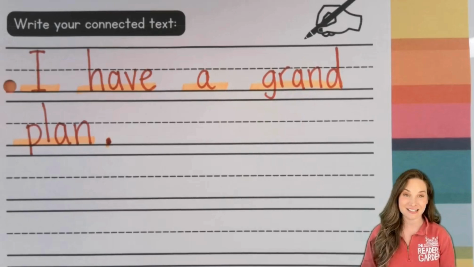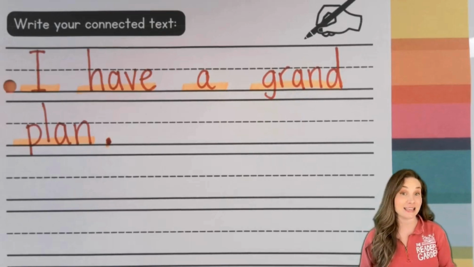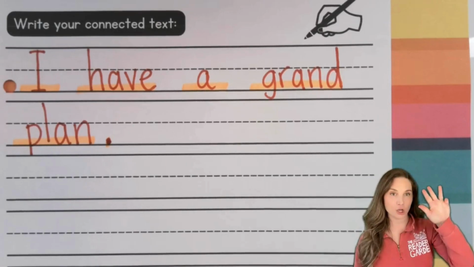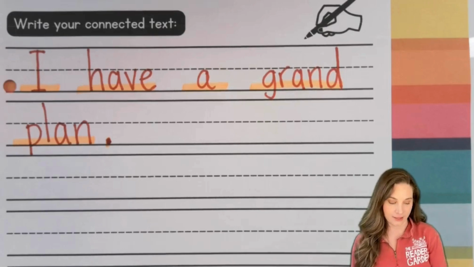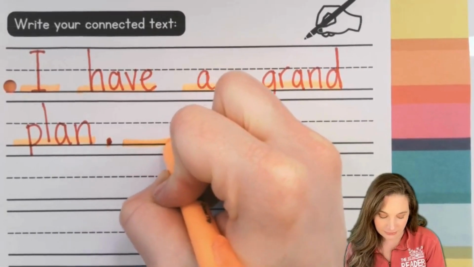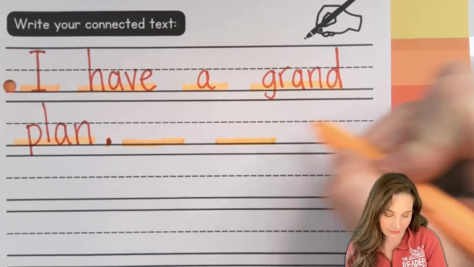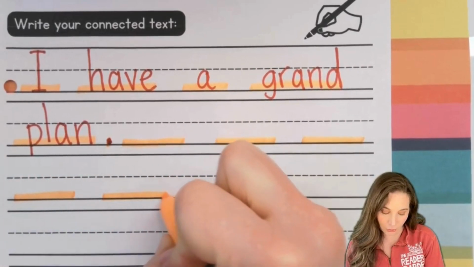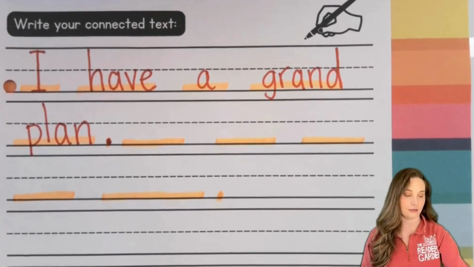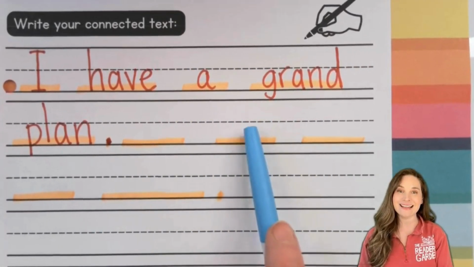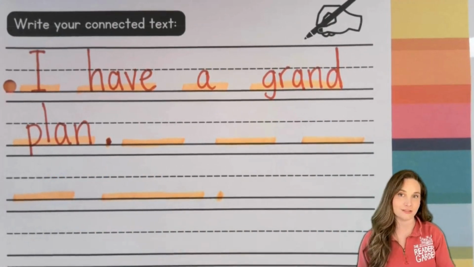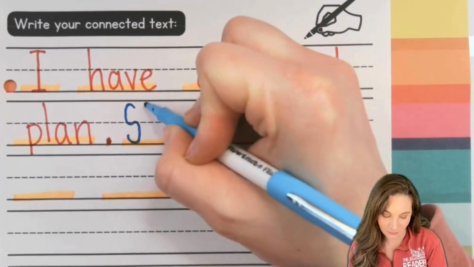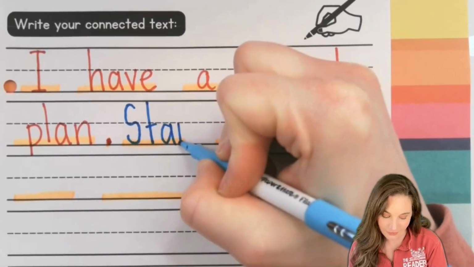Okay, the next sentence is, Stan can get the crust. Stan can get the crust. We will mark that out. Stan, someone's name, can get the crust. Period. Please write, Stan can get the crust. Pause and come back. Capital S, because this is someone's name. Stan.